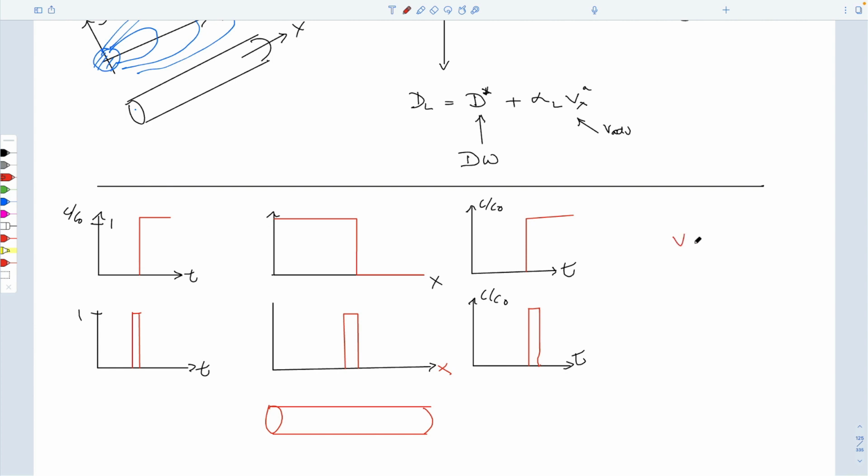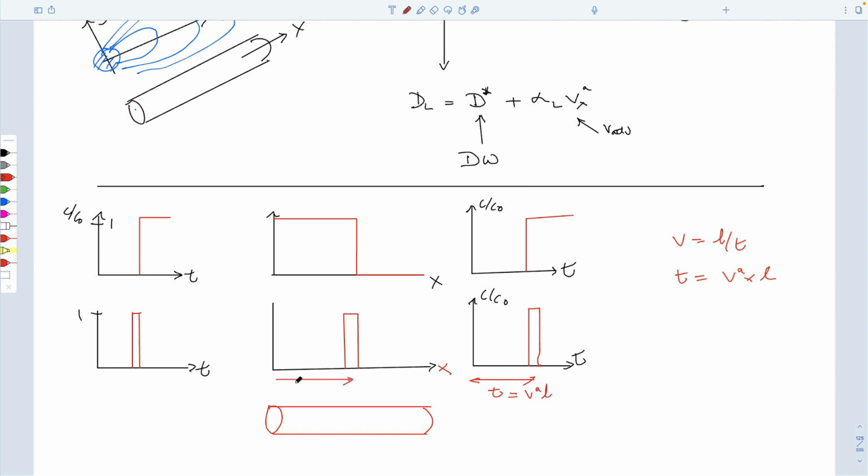I guess velocity is equal to length over time, so time is equal to length over velocity.